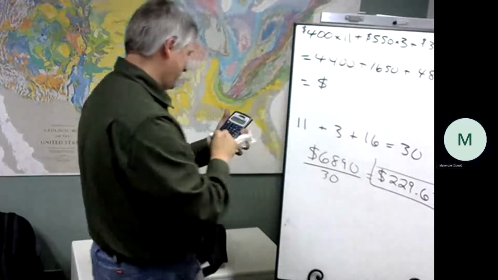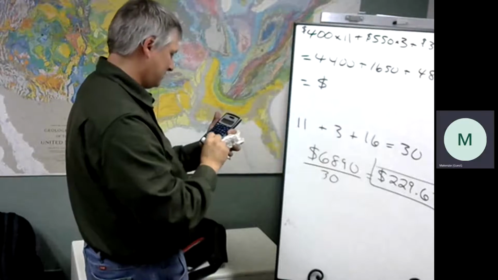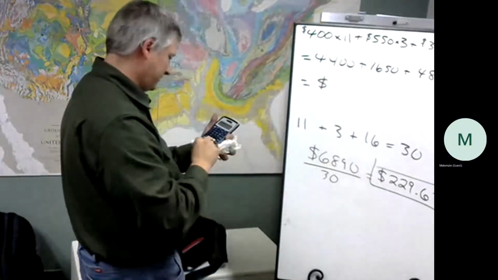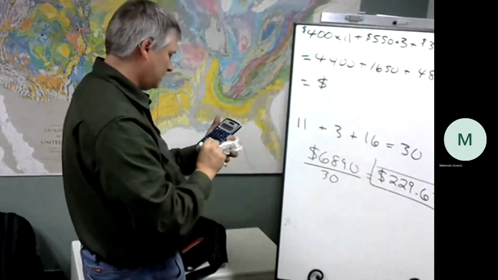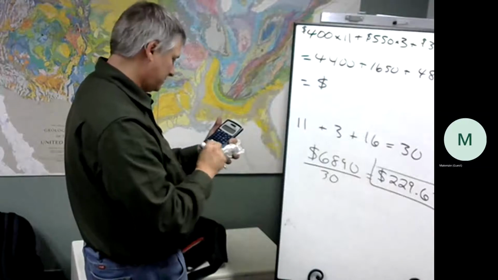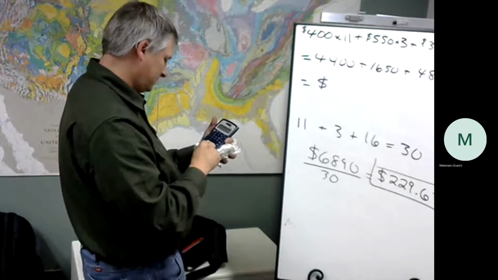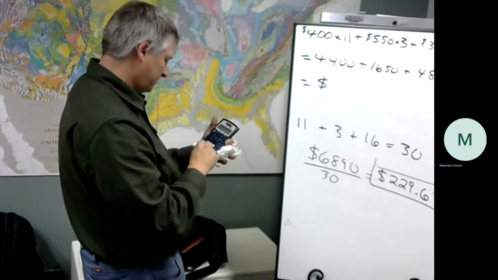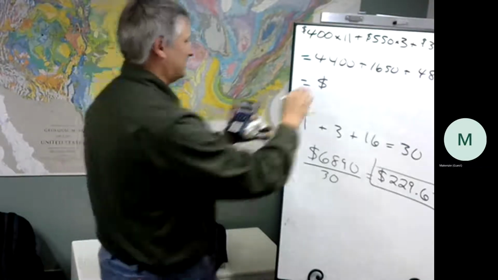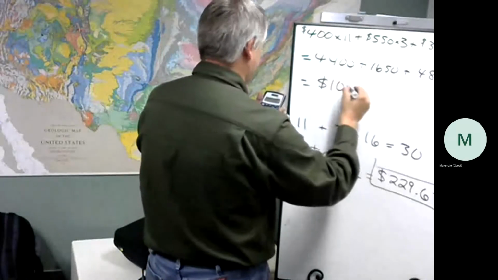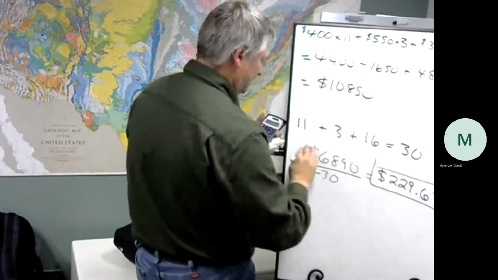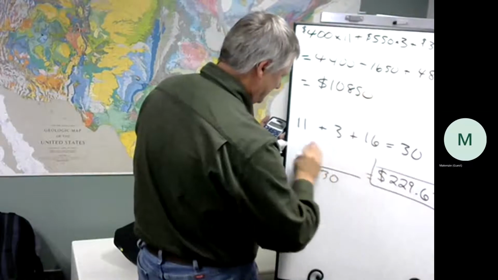Go back here, I made an error. 4,400. Okay, 550 times 3 is 1,650. 300 times 16 is 4,800. And the total is 10,850. Sorry, I made a mistake. That looked a little low. Something about that didn't look quite right.